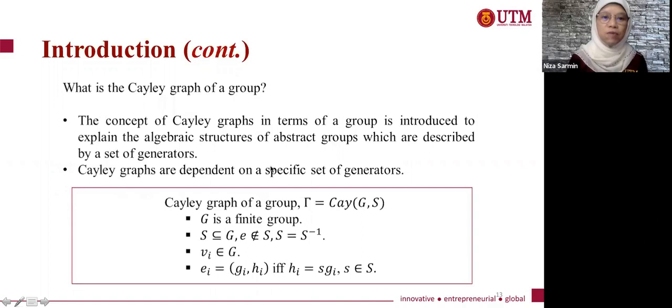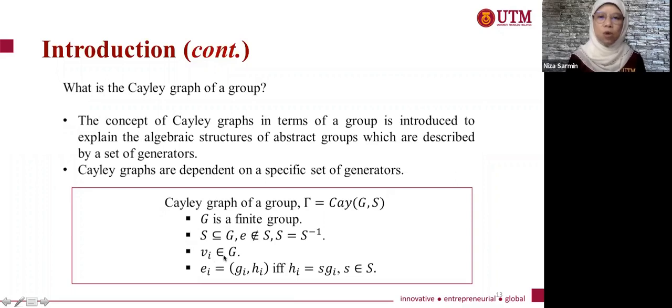The Cayley graph of a group is introduced to explain the algebraic structures of abstract groups, which are described by a set of generators. So this Cayley graph, depending on the specific set of generators, we denote as Γ = Cay(G, S), where G is a finite group, S is a subset of G which does not contain the identity, and in which S is equal to S inverse.